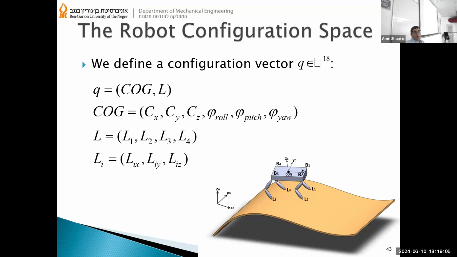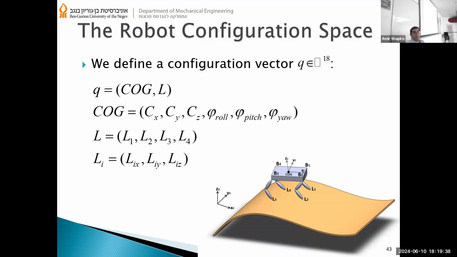So we have the configuration parameters Q, which holds the location of the center of gravity, X, Y, Z, and the angle of the body, roll, pitch, yaw, 3 angles of the body.